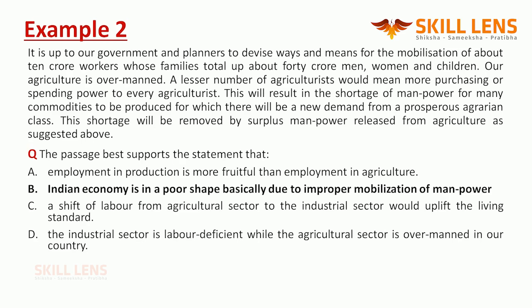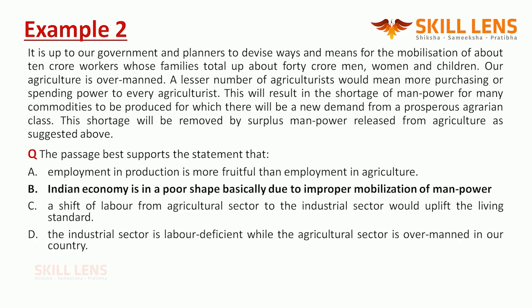When you look at option C, it says a shift of labor from the agriculture sector to the industrial sector would uplift the living standard. Now, here in the paragraph, it says that a lesser number of agriculturists would mean more purchasing or spending power to every agriculturist.